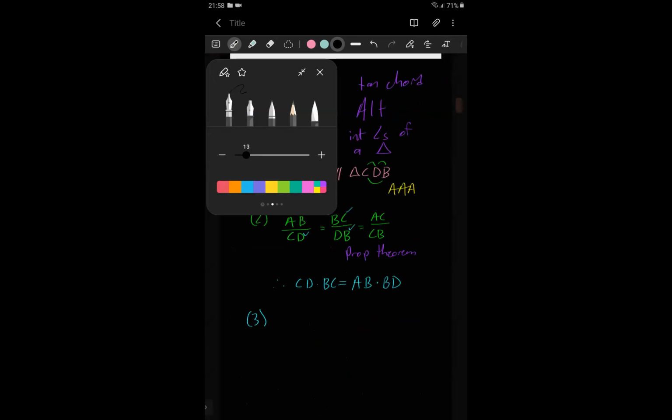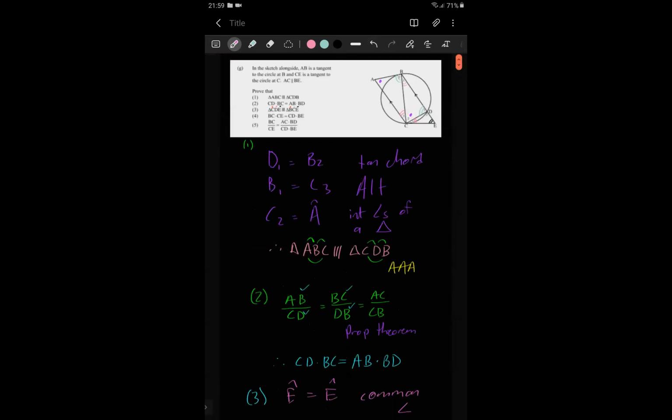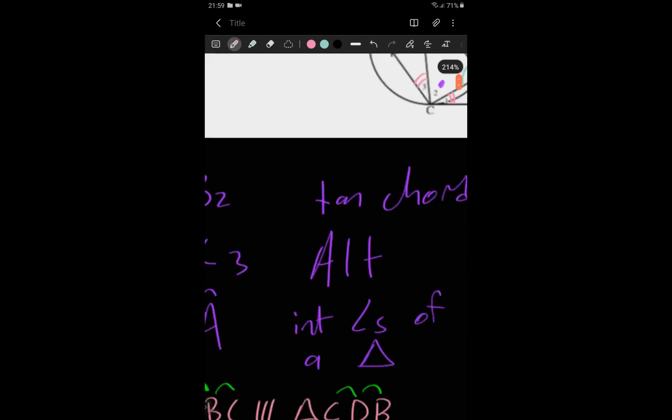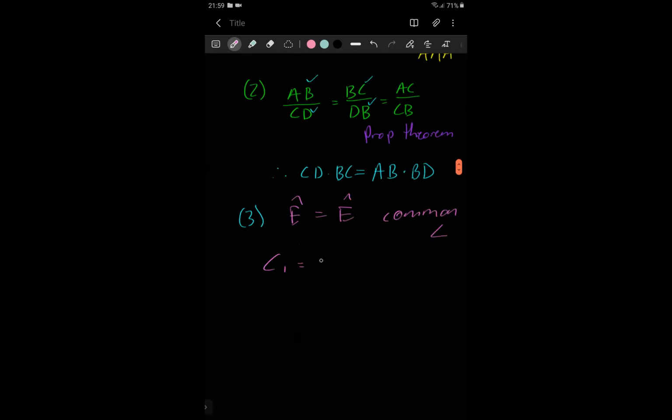So let's start. For question three, we're going to say E is equal to E, common angle, and then C1 is equal to D1.